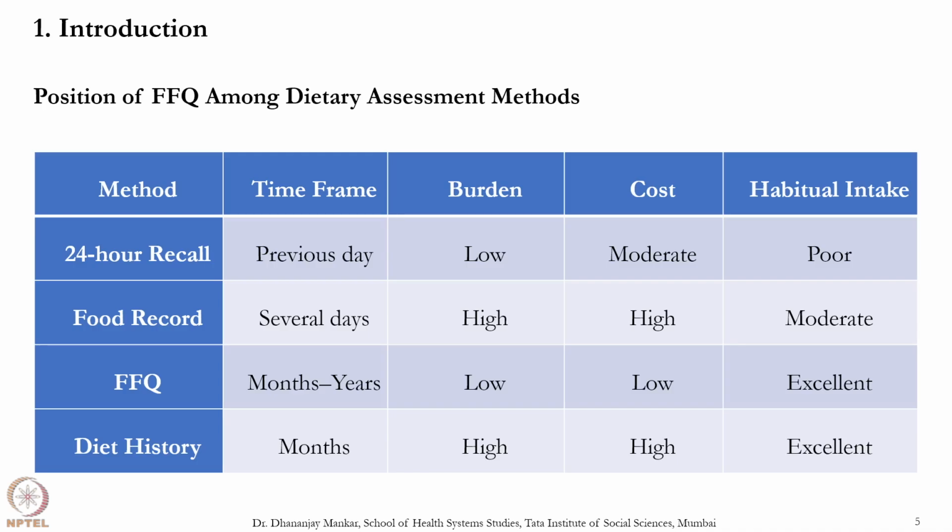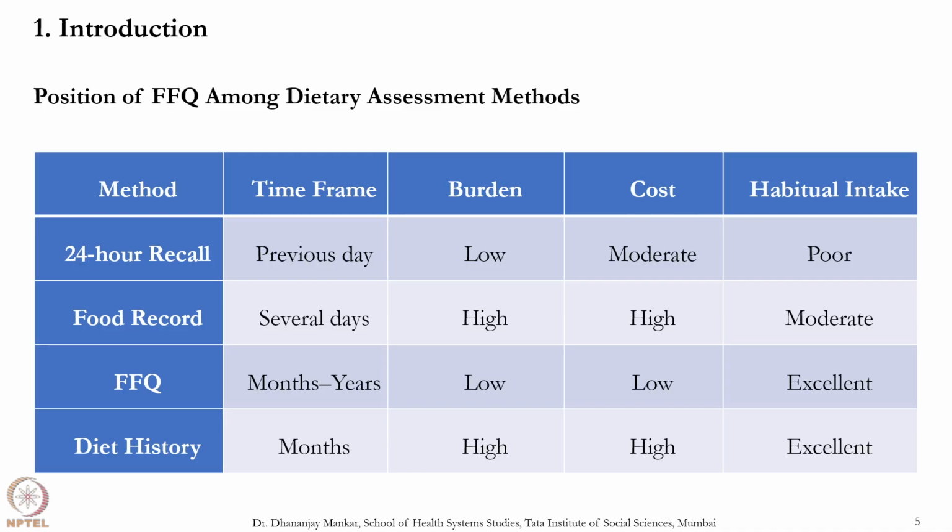FFQ covers months, years and decades. Dietary history covers months. If you take the burden, 24-hour recall is very low because of the time period. Food record is very high, FFQ is extremely low because it is a questionnaire, and dietary history is extremely high as it takes more time.